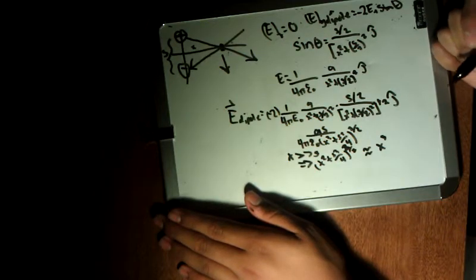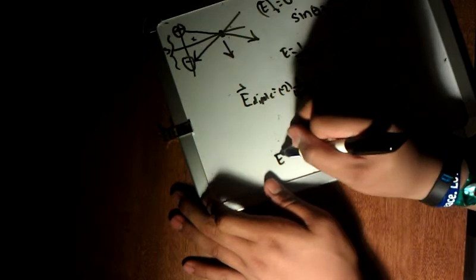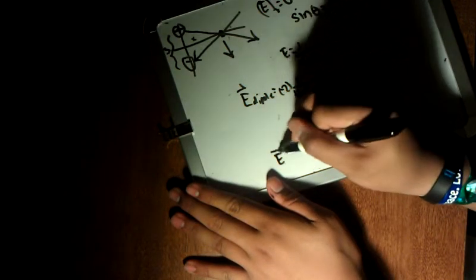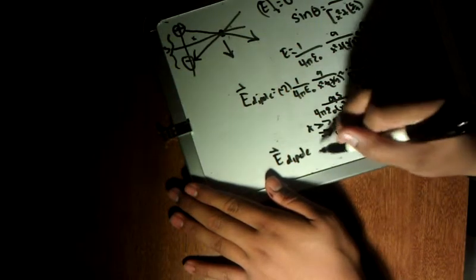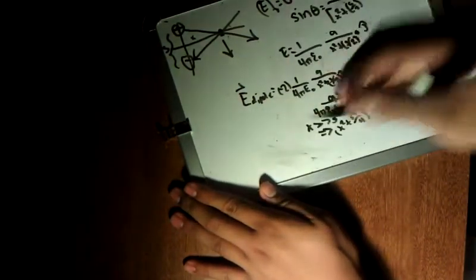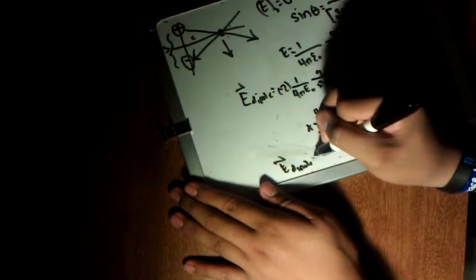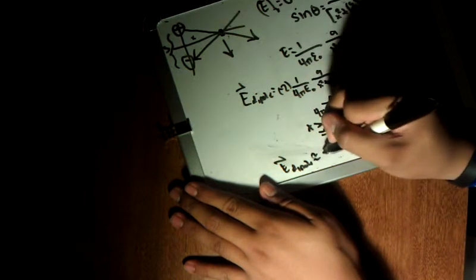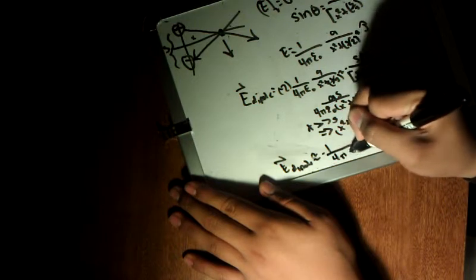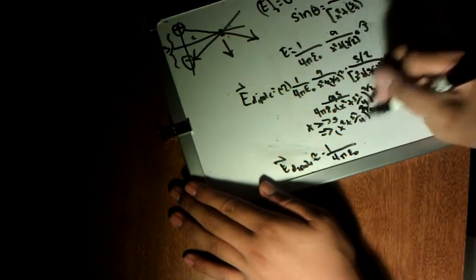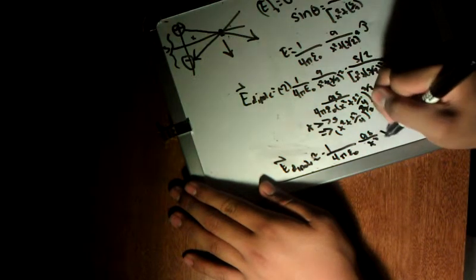And lastly, now that we have that, with a little more simplifying, we could see that E dipole is now approximately negative 1 over 4 pi epsilon naught times qs over x cubed j hat.